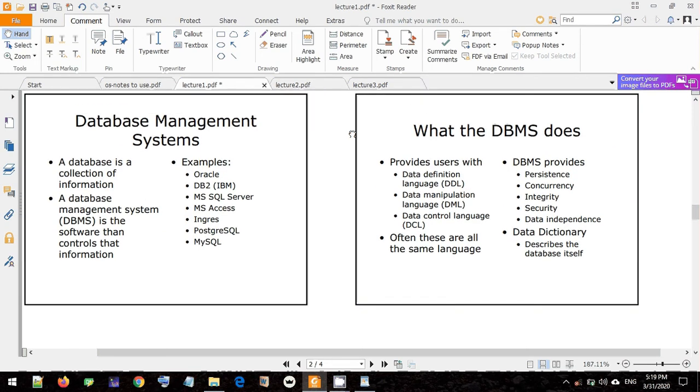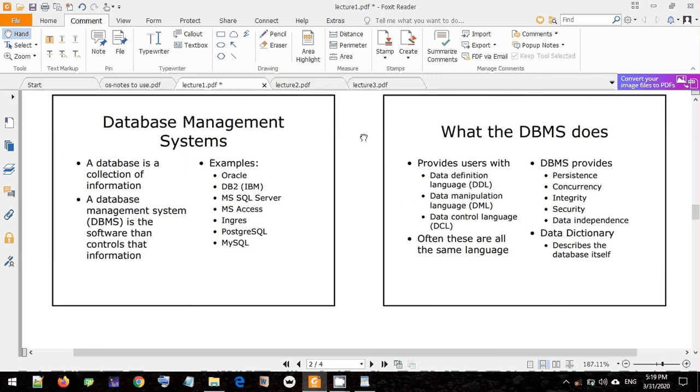Database management systems. A database is a collection of information, while a database management system is a software that controls that information. Examples of database management system, that is software that can help us to control information, include Oracle, DB2, created by IBM, Microsoft SQL Server, Microsoft Access, Ingres, PostgreSQL, MySQL.